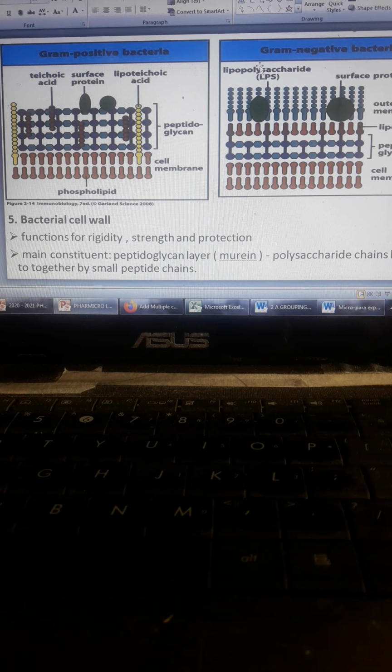The difference also is that the gram-negative bacteria possess lipopolysaccharides, or surface proteins, and an outer membrane. This one functions for the communication process. For another structure of the bacterial cell, we have teichoic acid, surface proteins for communication. We will discuss lipoteichoic acid, and then the teichoic acid.